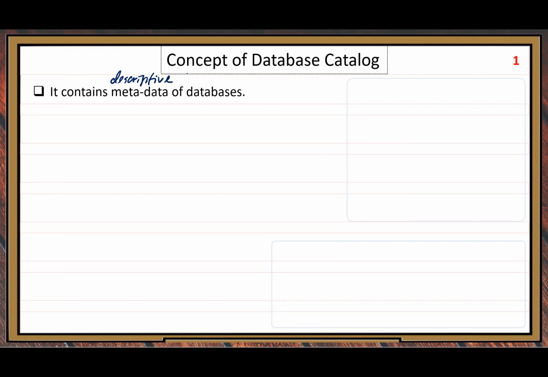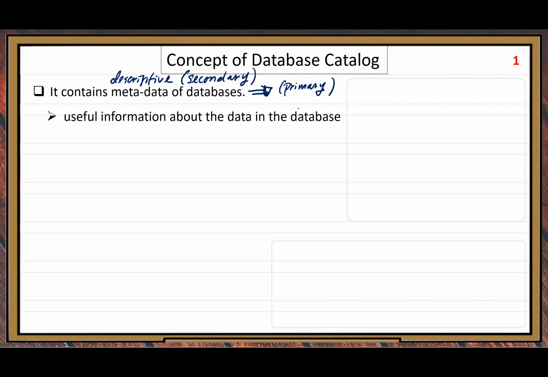This kind of data is secondary. And the data in the databases, that's the primary data. Primary data, secondary data, okay? Useful information about the data in the databases.